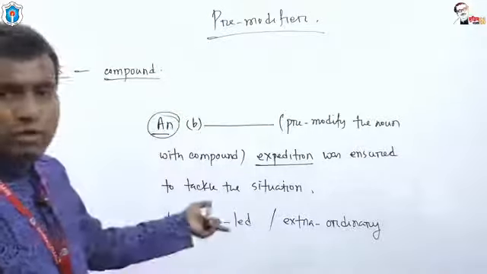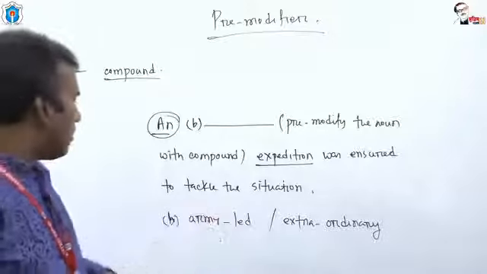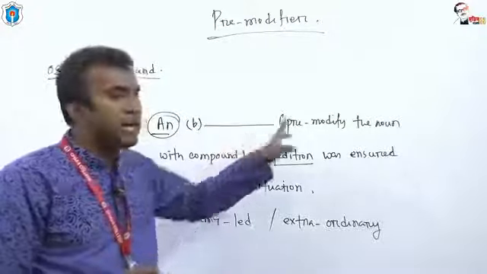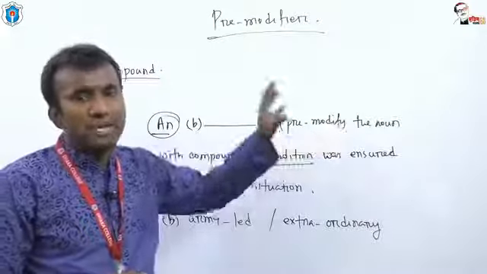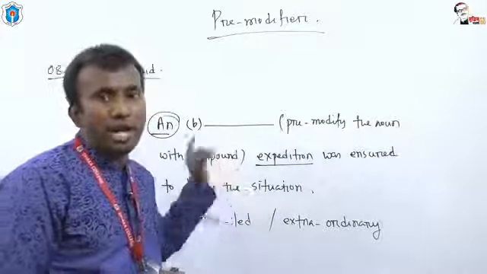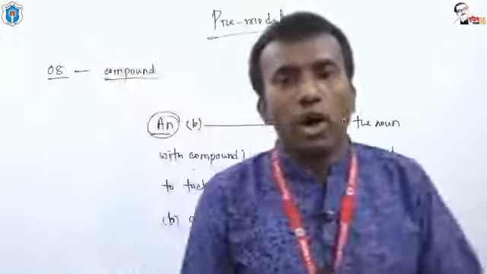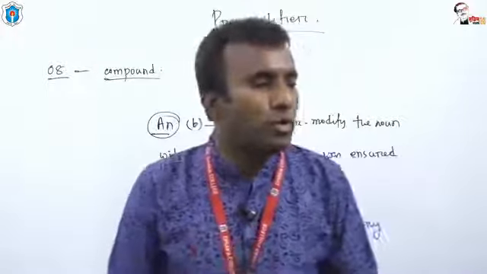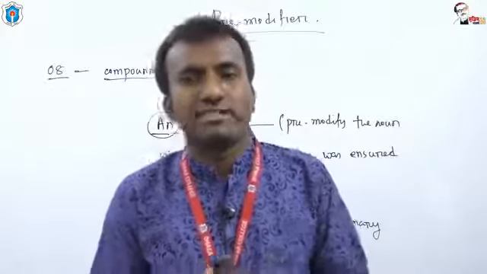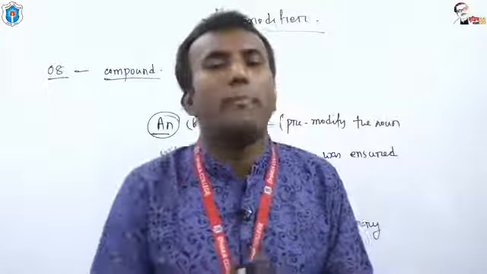Any other answer that you want to share? Try to write the answer according to the demand of the question. You must make a compound, and a compound is created only when two or more than two words are connected with the help of hyphen. So dear students, this is all about compound.